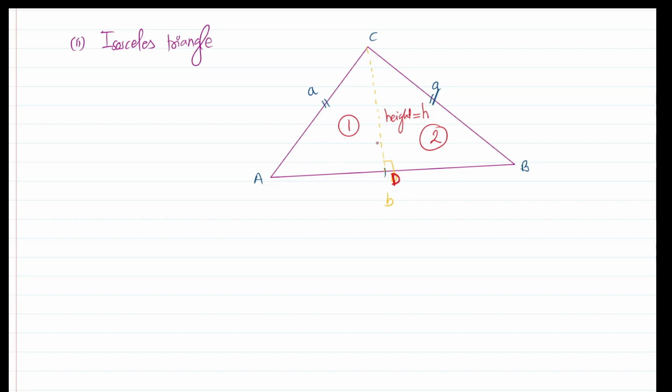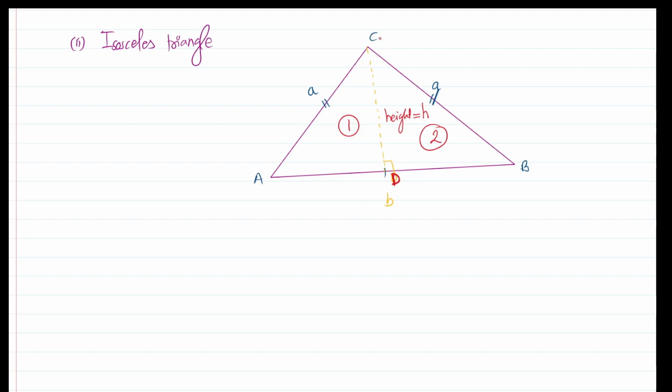When we add the areas of these two right angle triangles, it will give the area of the whole isosceles triangle. First of all, how to find the height? If we have been given side lengths only A and B, how do we evaluate the area of this triangle?